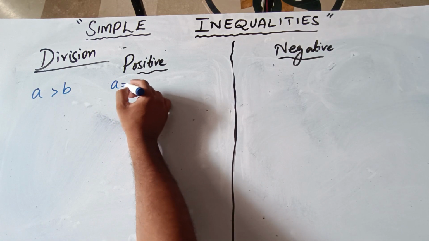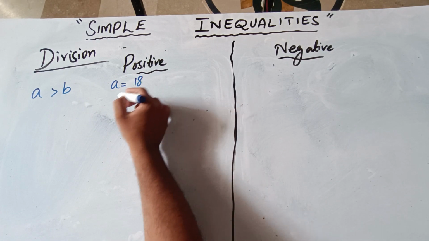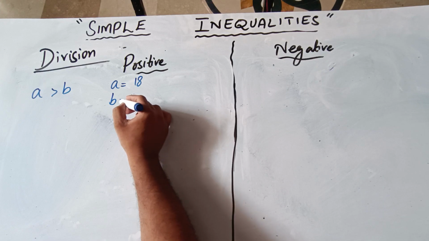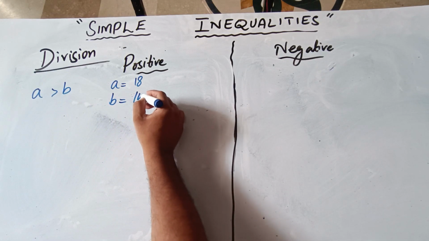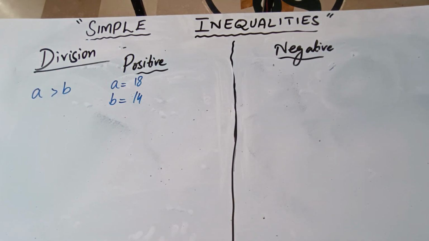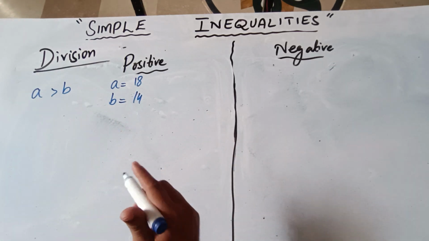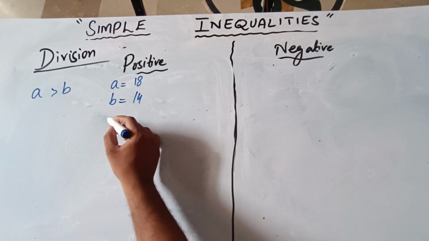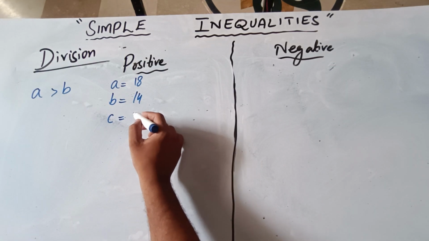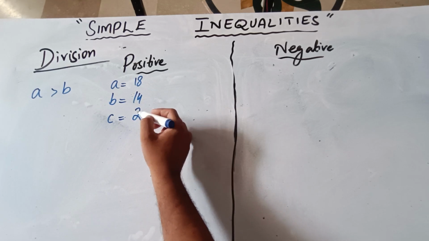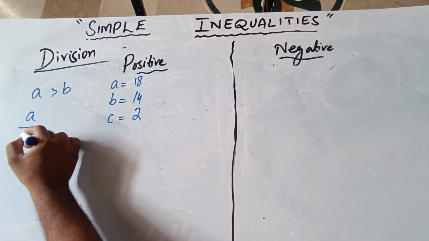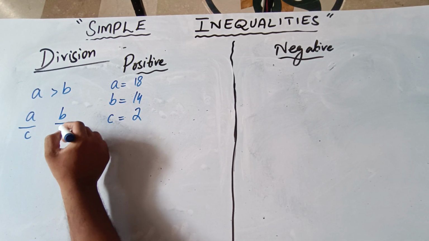So let's take a is equal to 18 and b is equal to 14. And if we are dividing both parts by a positive constant, how will we write it? a upon c, b upon c.